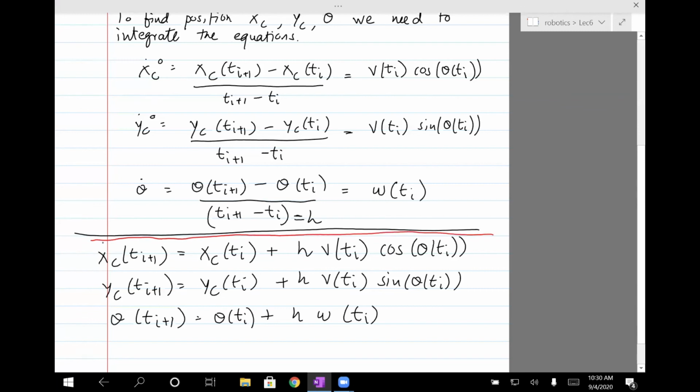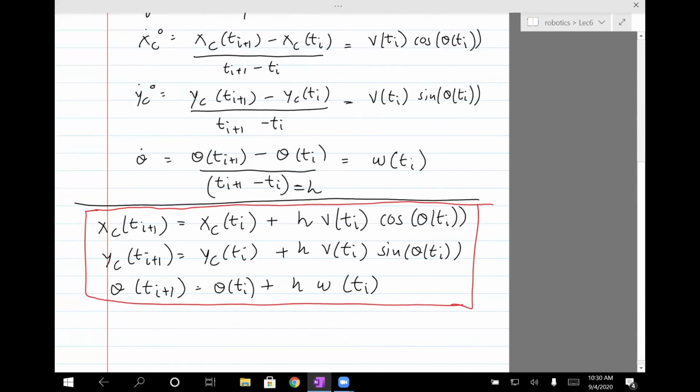Here we need to numerically integrate, given xC at t equals 0, yC at t equals 0, and theta at t equals 0.